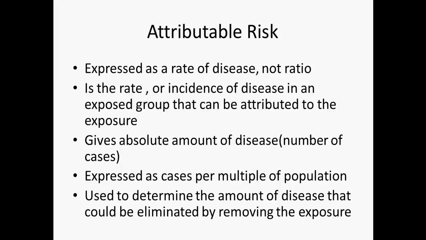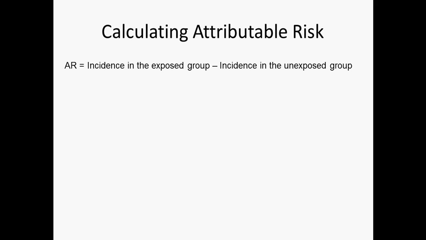So the point to remember is that attributable risk is mainly used for planning prevention strategies and to look at how much disease can be eliminated by removing the exposure. Now, let's look at the calculation of attributable risk. We calculate this by subtracting the incidence in the unexposed from the incidence in the exposed. So this is a calculation wherein we subtract one incidence from the other.